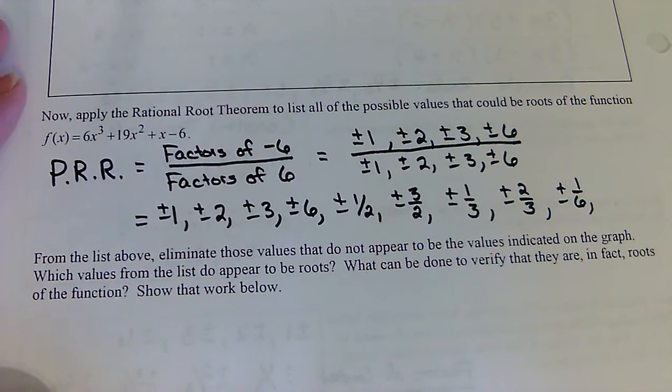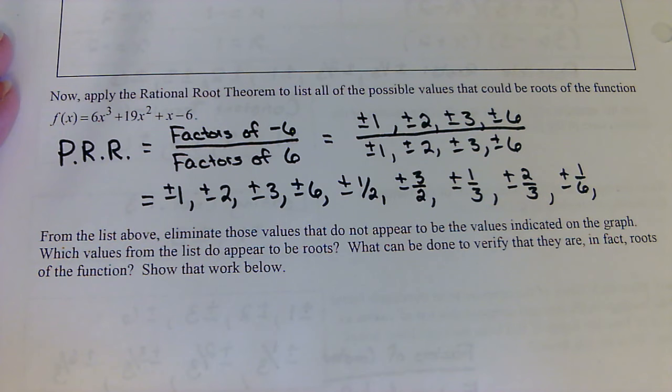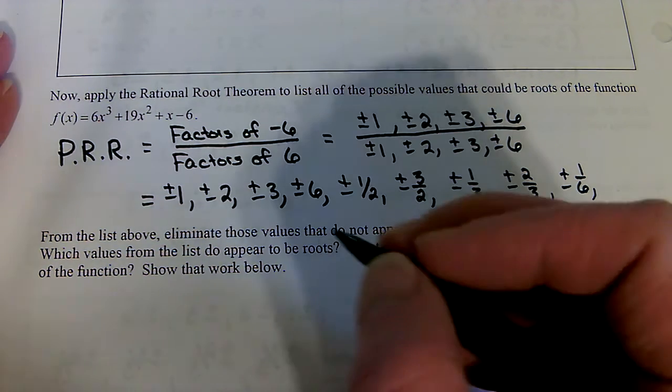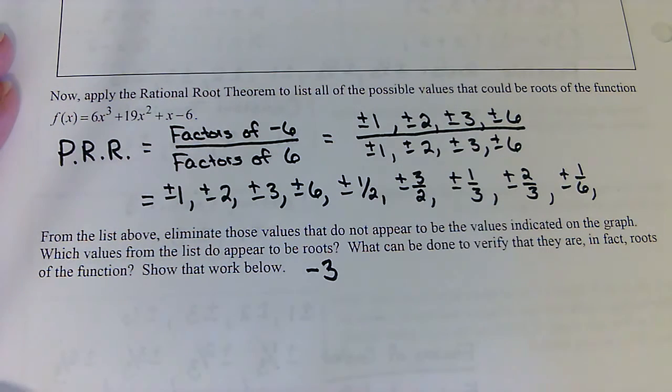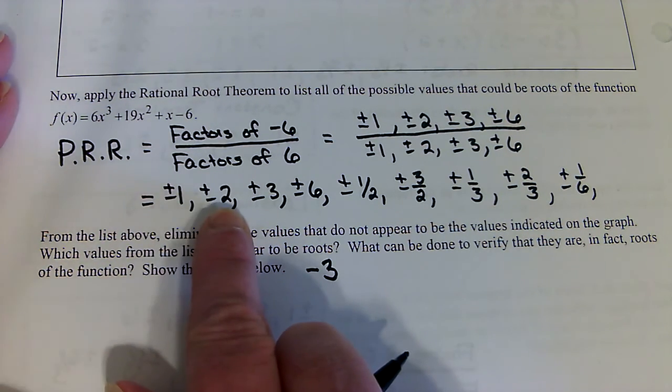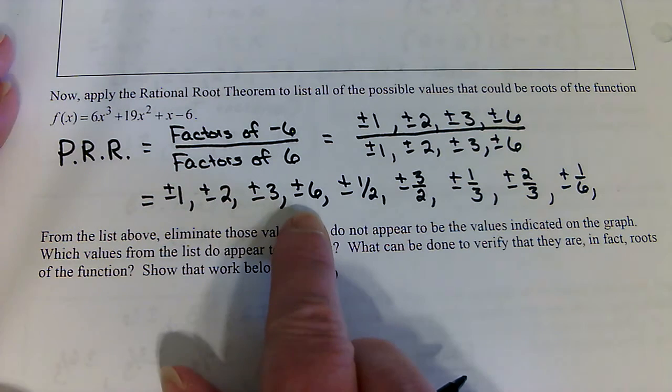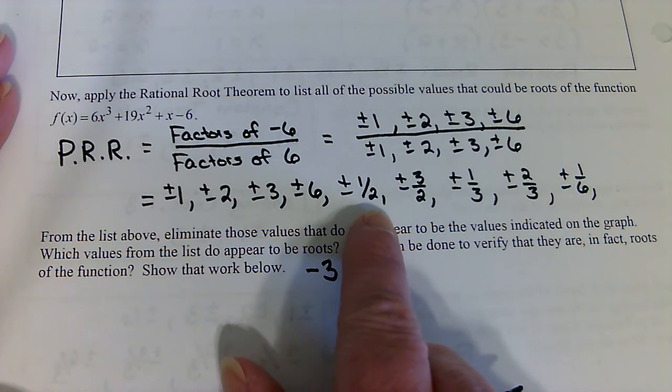Now from the list above, we want to eliminate those values that do not appear to be the values indicated on the graph. Which values from the list could be our roots? Well, I know that -3 is one. Was 1 or 2? No. 6? No. Could 1/2 be one?